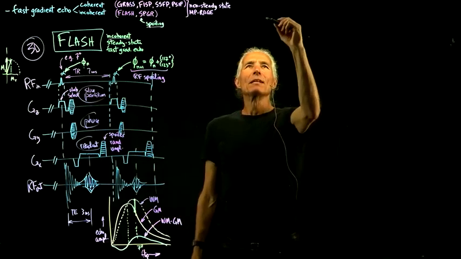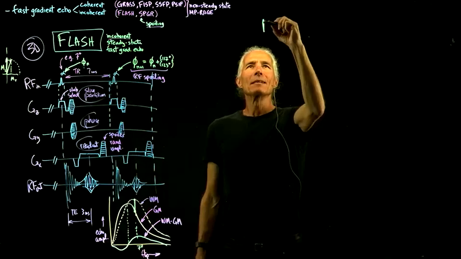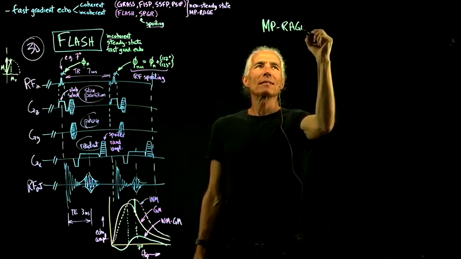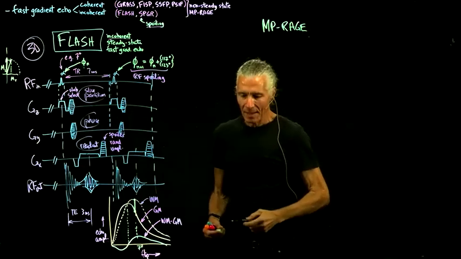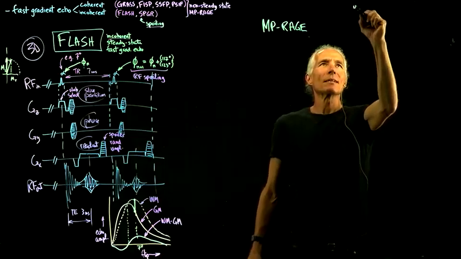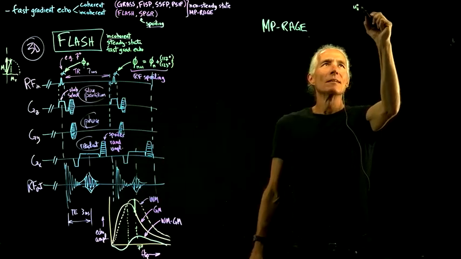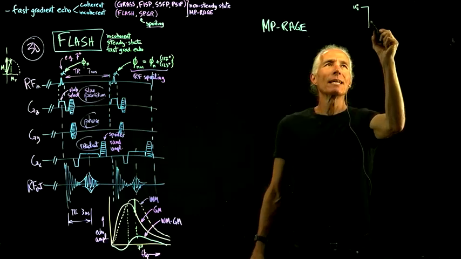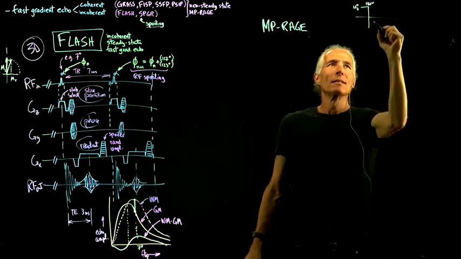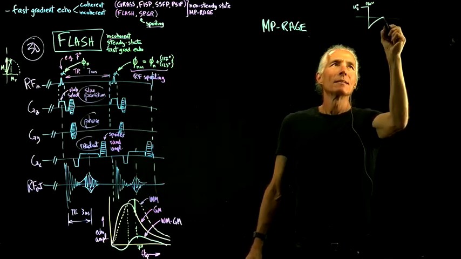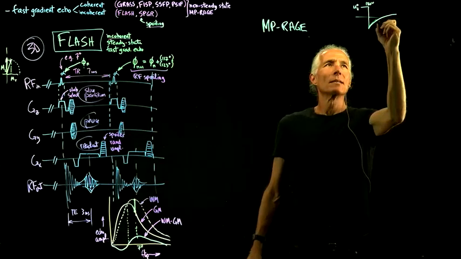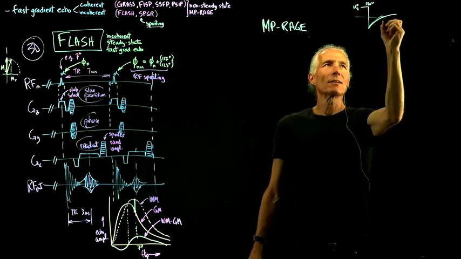And so some people said, with MPRAGE, why don't we just try to do something like inversion recovery? And remember, what is inversion recovery? We start at MZ0 here, and then we go down to minus MZ0 with a 180 degree pulse, and then we let some recovery occur, hoping that some tissue might recover a little faster.